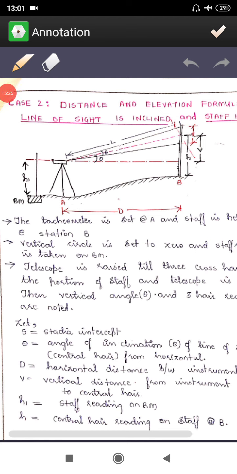Now see this, RL of this station is given, means this point is given, that is the instrument station, that is 77.750 plus H1, that is 1.42. Then you are going to come here. Then plus V, you are supposed to go to here. Then minus H, then you come to the ground.